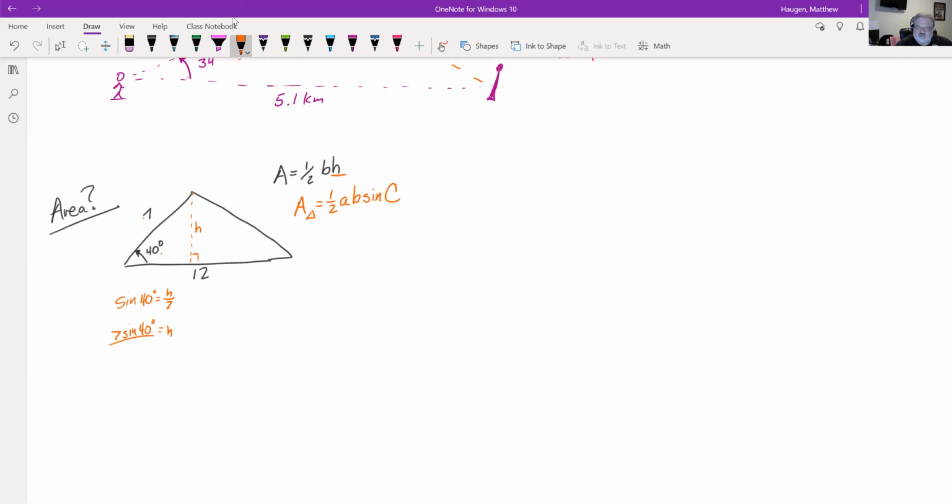They're just labels, so we can label them anything we want. As long as those are two side lengths and the angle between them, this is often a much more useful formula for area of triangles once we're comfortable with using trig.